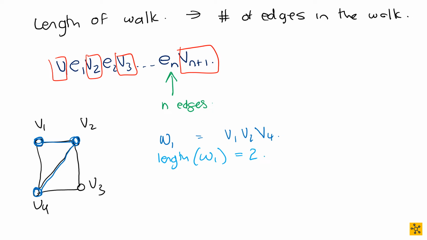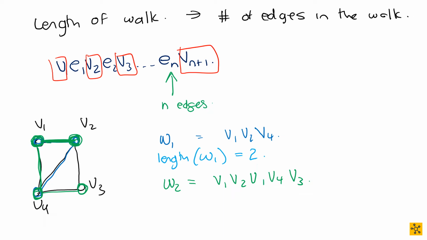So let's do another walk. Let's do W2. And let's say we go V1, V2, V1, V4, V3. Okay, so we go V1 to V2. We go from V2 back to V1. Then we go from V1 to V4 and V4 to V3.